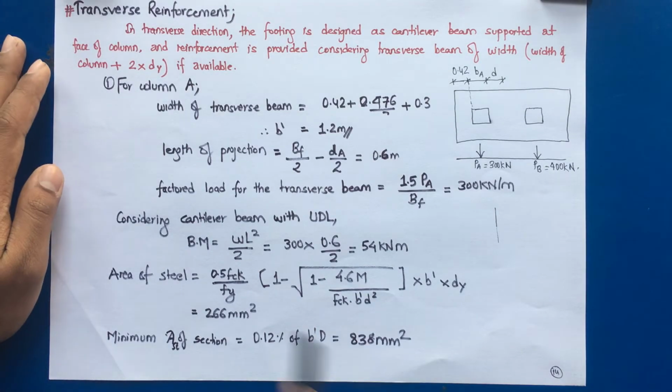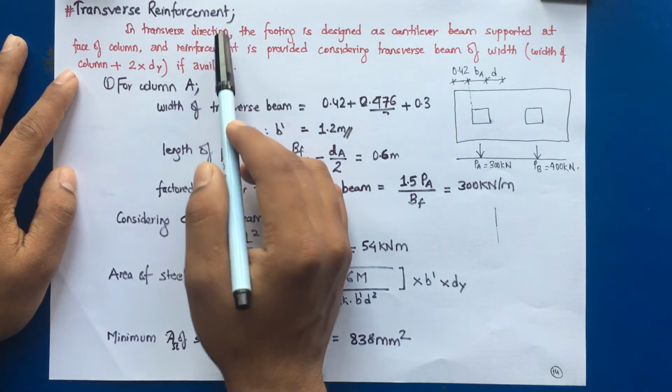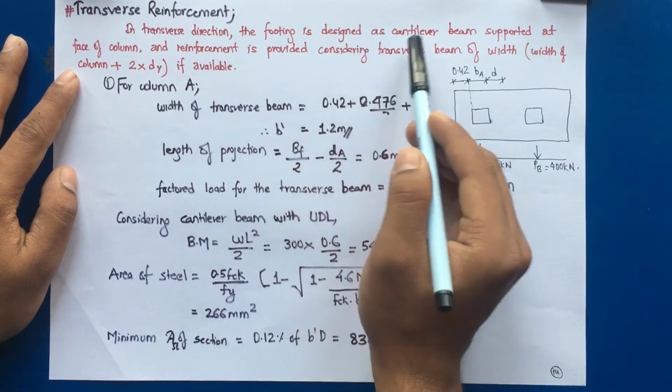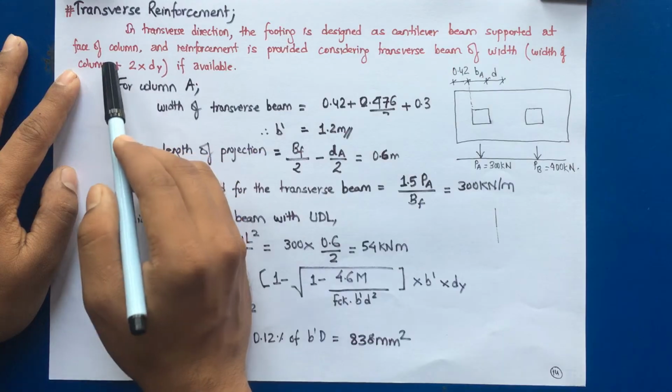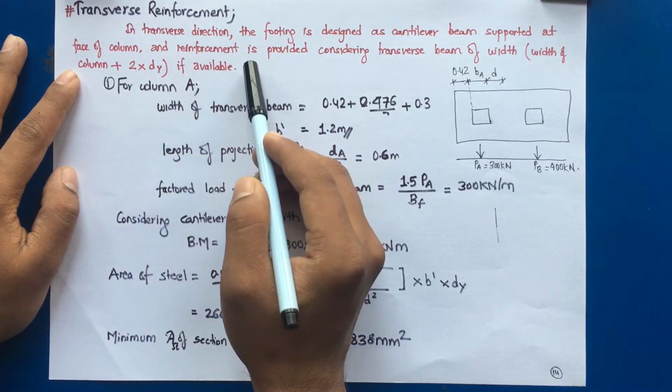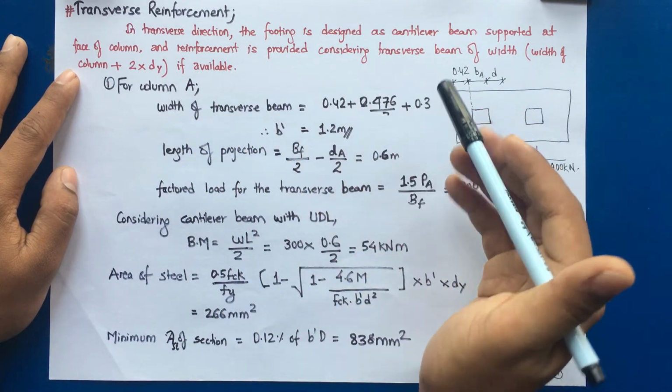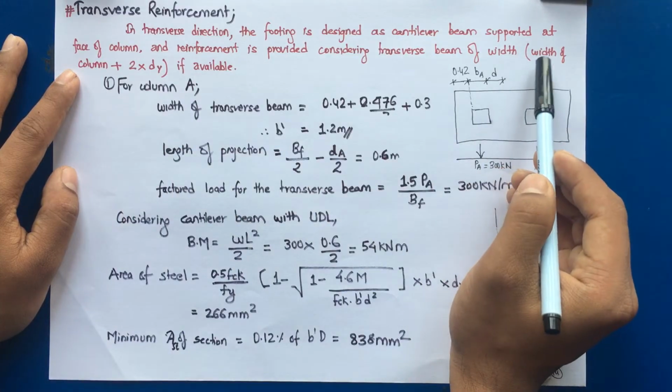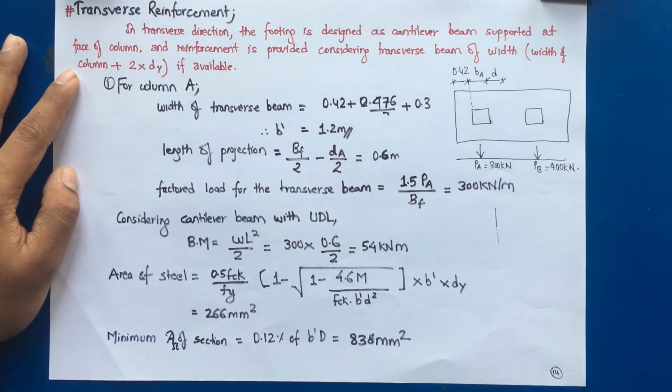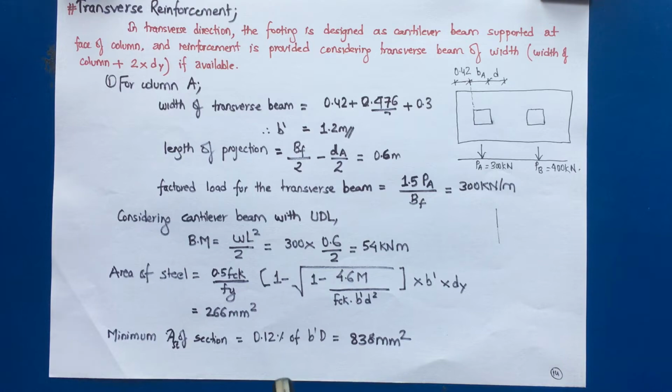Now we have to provide reinforcement in the transverse direction, and in the transverse direction the footing is designed as a cantilever beam supported at the face of the column, and reinforcement is provided considering a transverse beam of width equal to the width of column plus 2 into dy, the effective depth in the transverse direction.